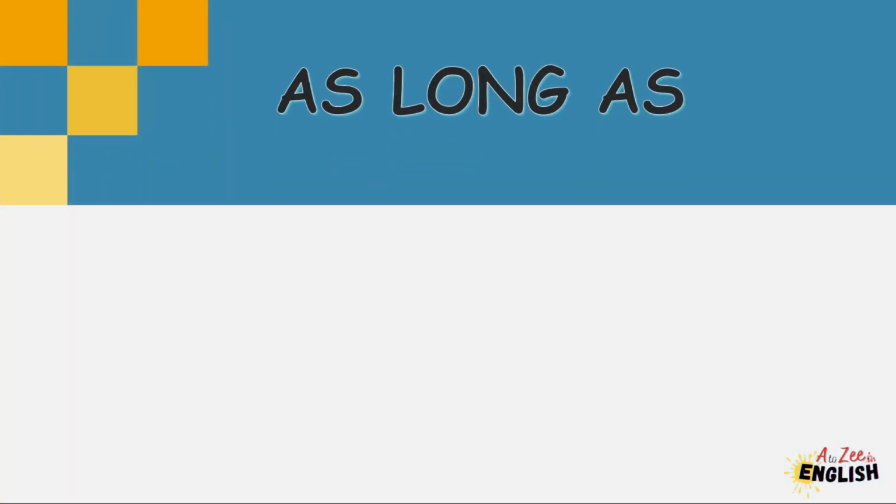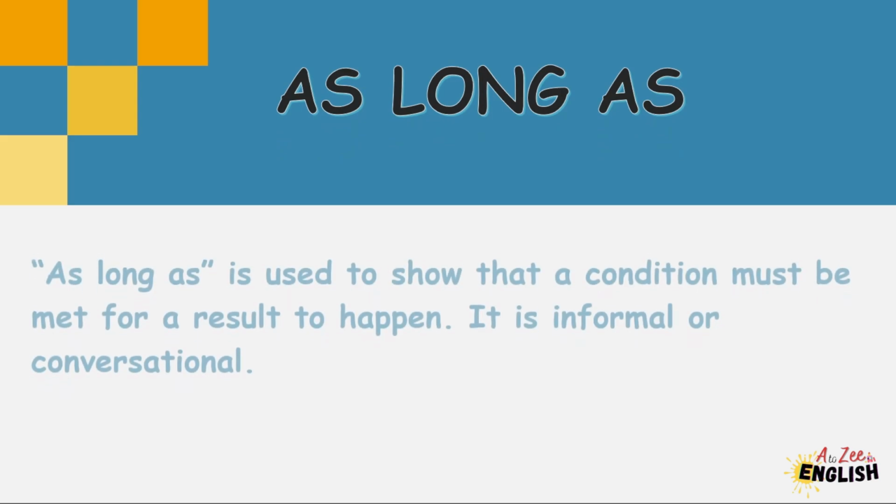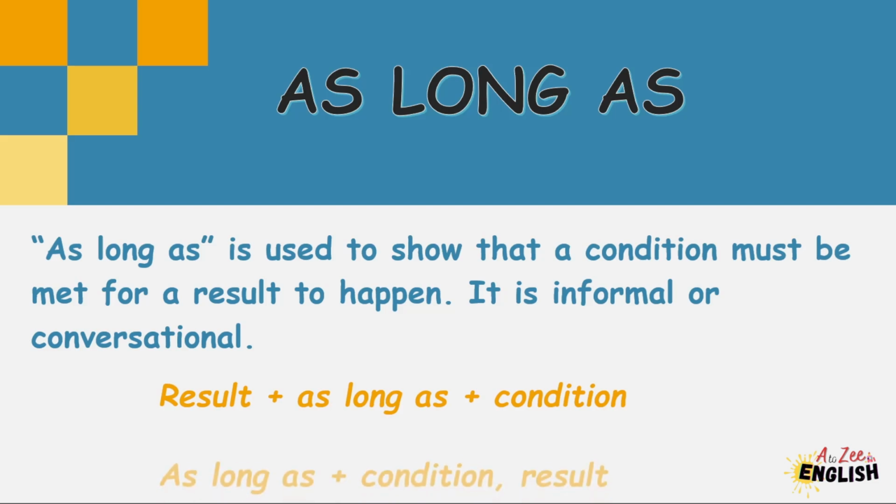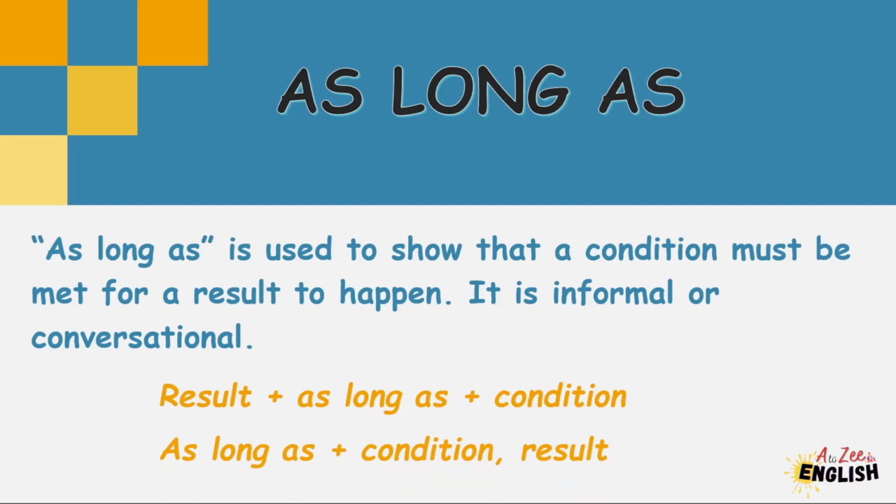Next conditional conjunction is as long as. As long as is used to show that a condition must be met for a result to happen. It is informal or conversational. The structure is result plus as long as plus condition. Another structure is as long as plus condition followed by a result.